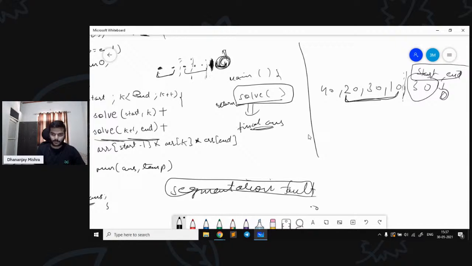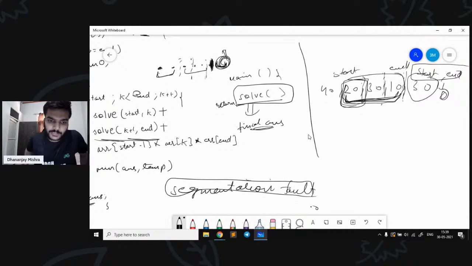In the next iteration, if I call for this partition, my start will be this and my end will be this, but my partition will reach out till here. So you can see that I am reducing my search space by one element at each recursion call. So that's why it will not give me a segmentation fault, because after reducing, at some point it will reach this single element in the left part, right? So that's why we are only keeping k less than n, not equal to n. I hope it is clear till now, right?